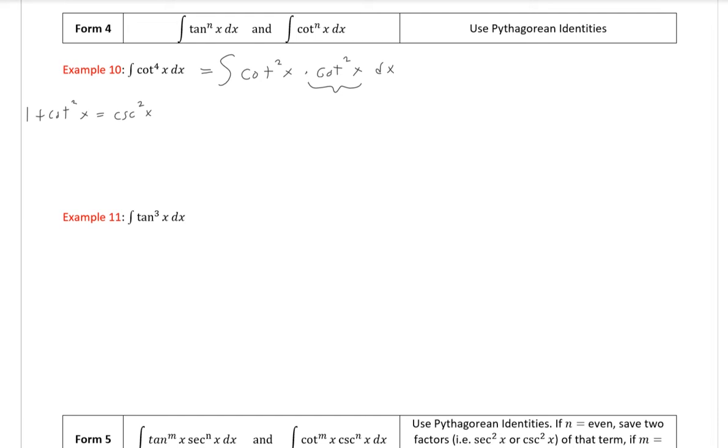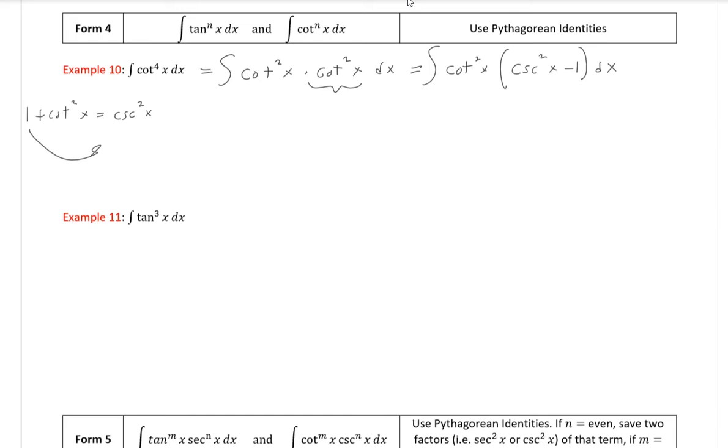That's always the case. Subtract 1 over, and what we get is the integral of, maybe I'll move that to the side actually, equals the integral of cotangent squared x. I'm going to keep that around for now. And cotangent squared is going to become cosecant squared x minus 1 dx. Okay, so far so good.